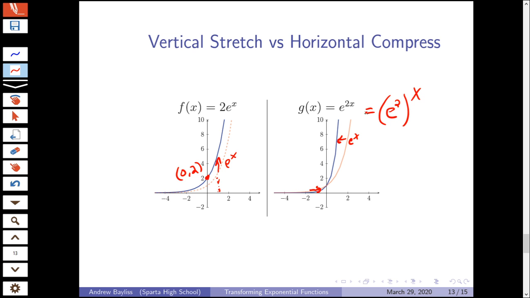If that e instead was like 3, this would be 3 to the x versus 9 to the x. We know that larger base means you're steeper on the right and closer to the x-axis on the left. Okay, so that's the difference between a vertical stretch and a horizontal stretch. We don't tend to do too many horizontal stretches because we can do it with just a bigger base. We don't see that as much, but you should know it.